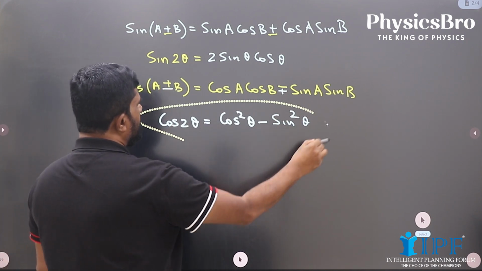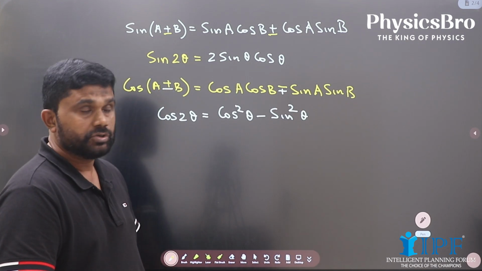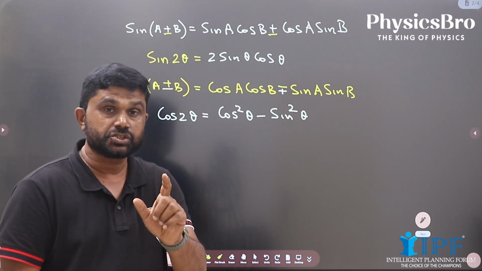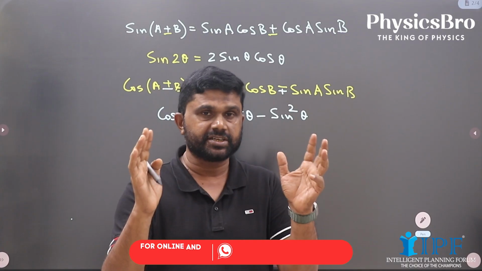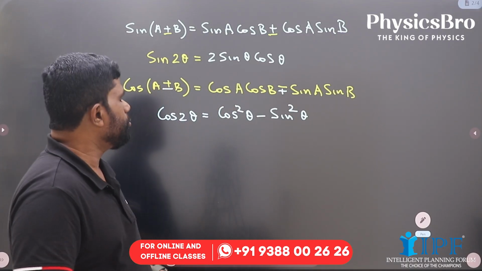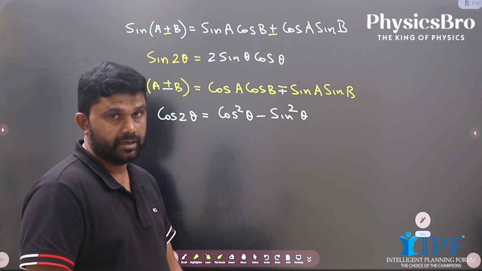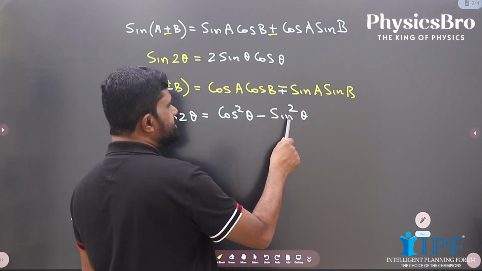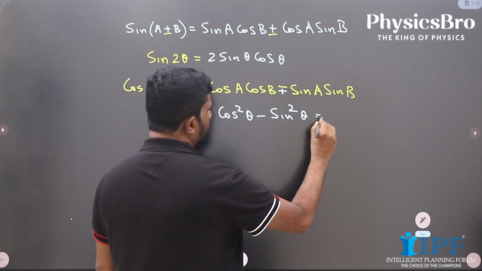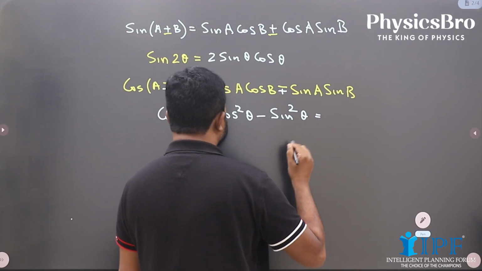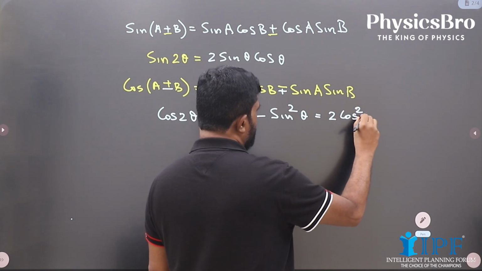Now, here we have cos 2 theta as cos square theta minus sin square theta. Now, we know that sine square theta plus cos square theta equal to 1, the most important result in trigonometry. So you can replace sine square theta as 1 minus cos square theta, and you will get another expression for cos 2 theta, that is 2 cos square theta minus 1.